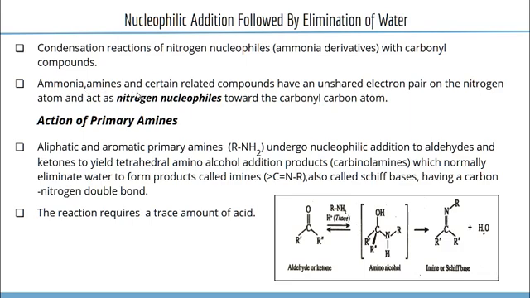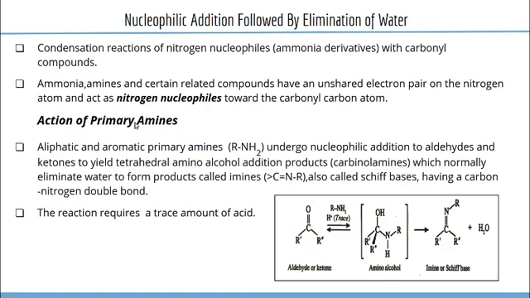Ammonia, amines and certain related compounds have an unshared electron pair on the nitrogen atom and act as nitrogen nucleophiles toward the carbonyl carbon atom. So a nucleophile has an electron pair or a multiple bond, and ammonia or amines have an unshared electron pair on the nitrogen atom.